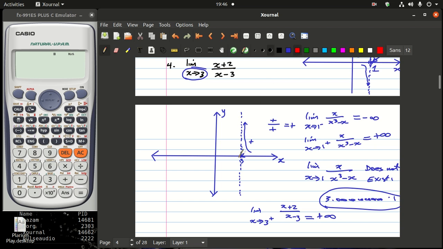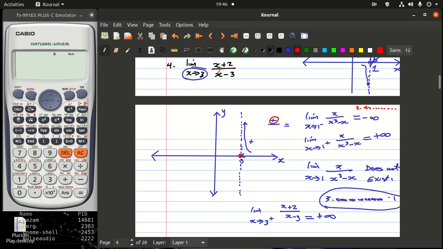Now if I pick a value on the left of 3 and plug it here, a value close to 3 is positive, so that value plus 2, I'm still going to get a positive thing as here. And then if I am taking a value just on the left of 3, which is going to be 2.9999999, and then I plug it here, that value is always going to be less than 3, because a value on the x-axis that is on the left of 3 is less than 3.